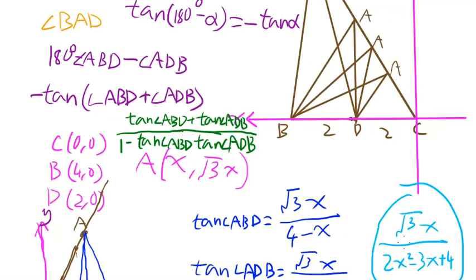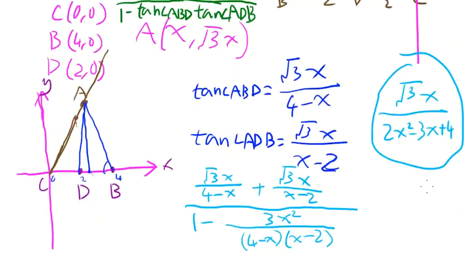To be biggest, we want this to be the smallest. Okay, I think I get it. I think it's supposed to use the AM-GM inequality here.